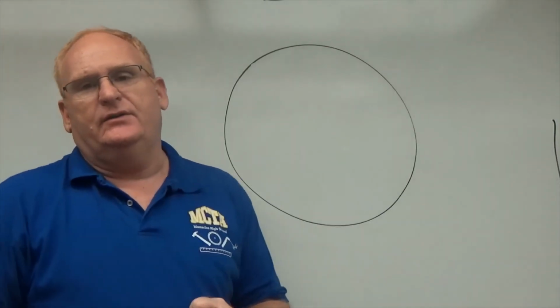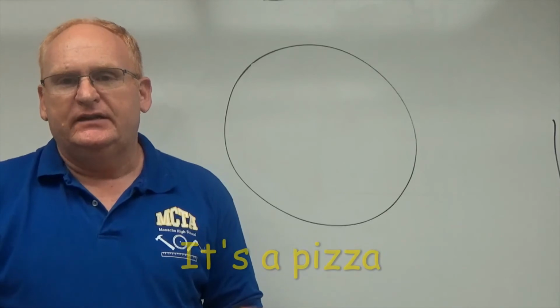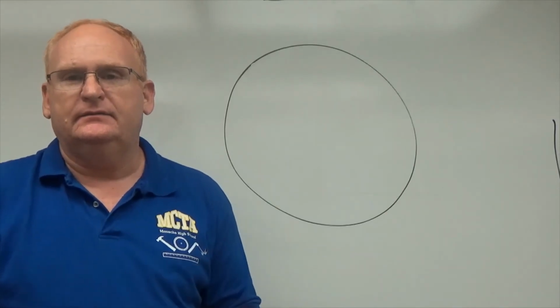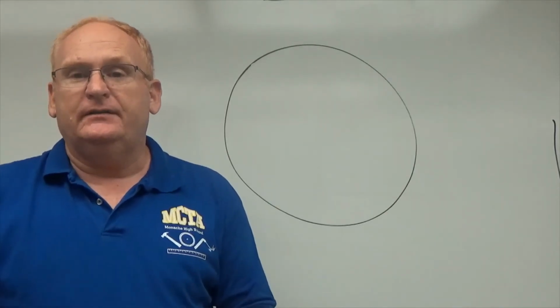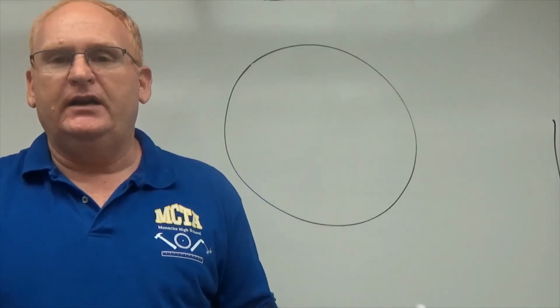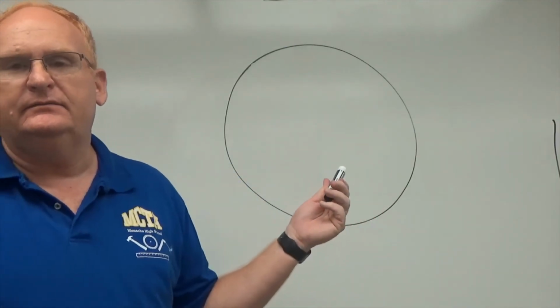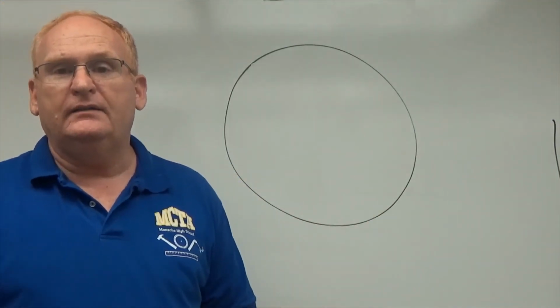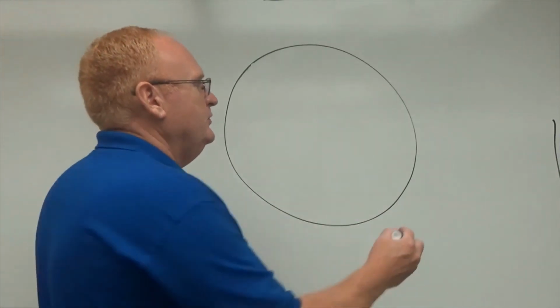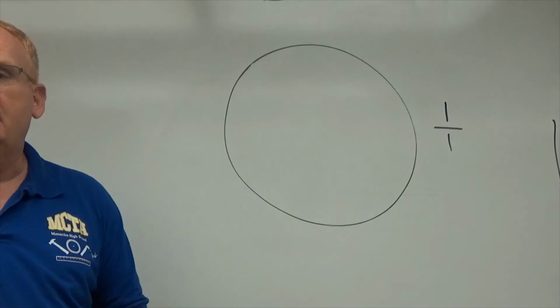No, it's not a circle. No, it's not a sphere. It's pizza, right? Use your imagination here. This is a pizza. You order a pizza, you have it delivered, you open it up, guess what? They forgot to cut it. How many pieces do you have? 1, right? So as this whole number, you are 1 over 1. That's a pizza.